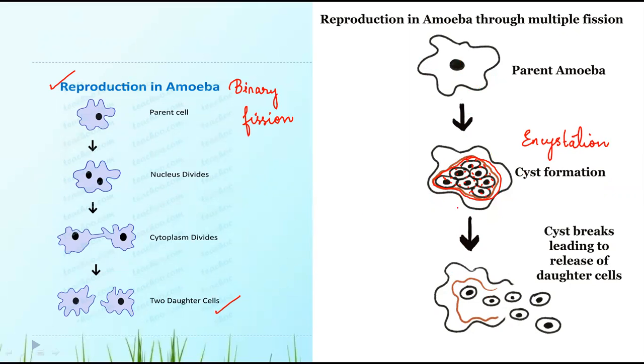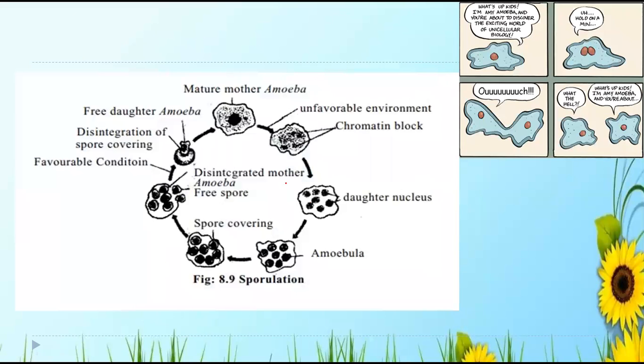Encystation. For a better understanding, let me explain it this way. This is the mature mother amoeba. Unfavorable conditions have come. Say this amoeba is staying in a lake near a house.